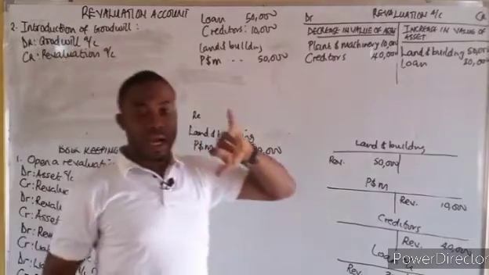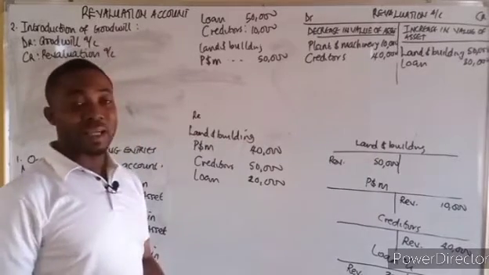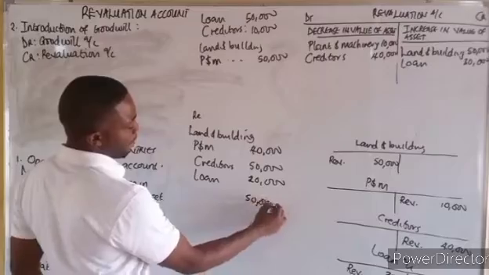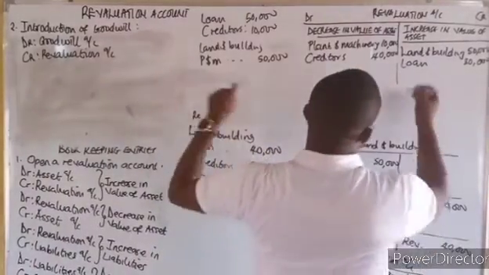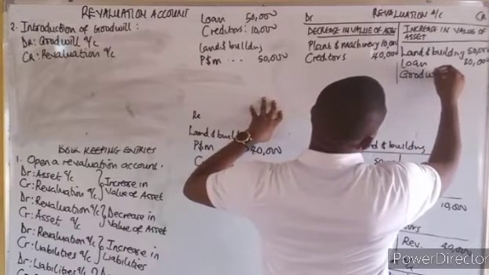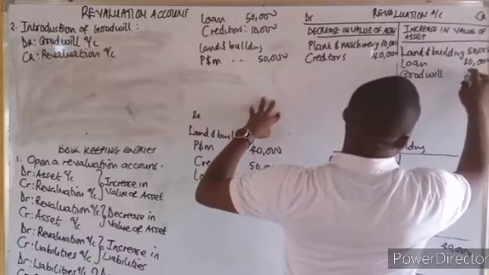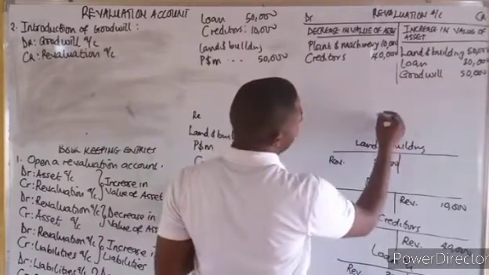Now what that means is that if they introduce goodwill and say goodwill is, let's say, 50,000, what we have to do is credit the revaluation account with the amount of goodwill. Let's say goodwill is 50,000. Then you open a goodwill account.